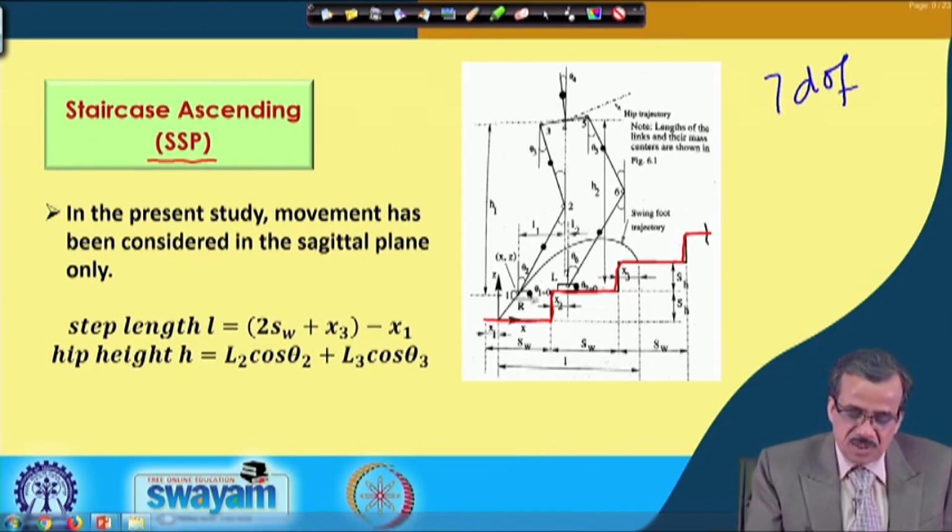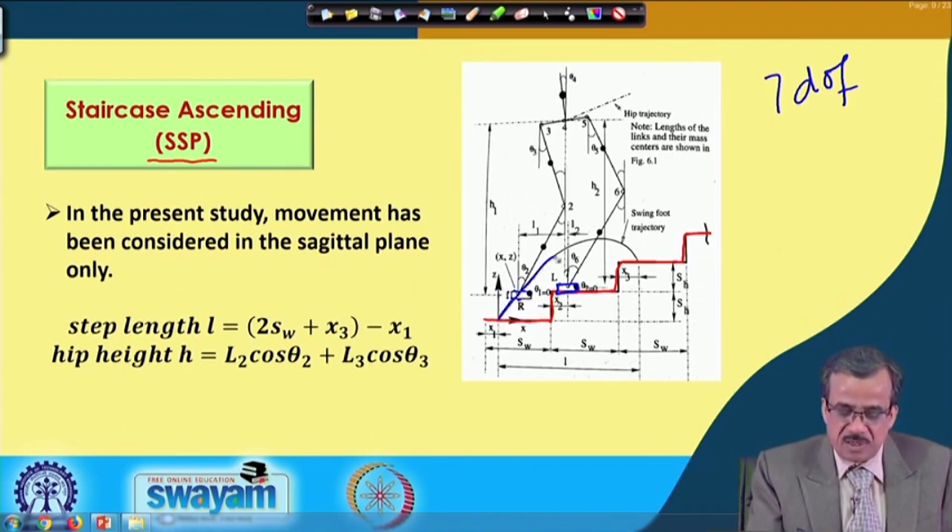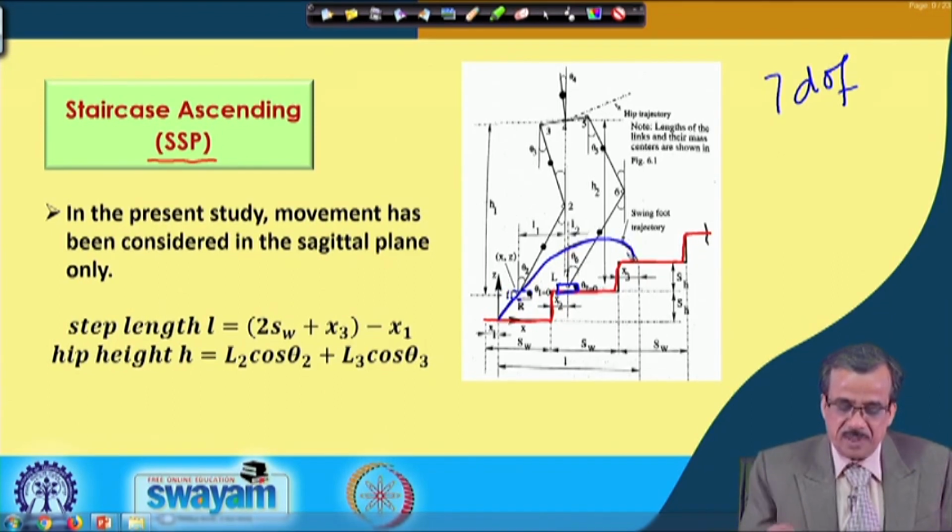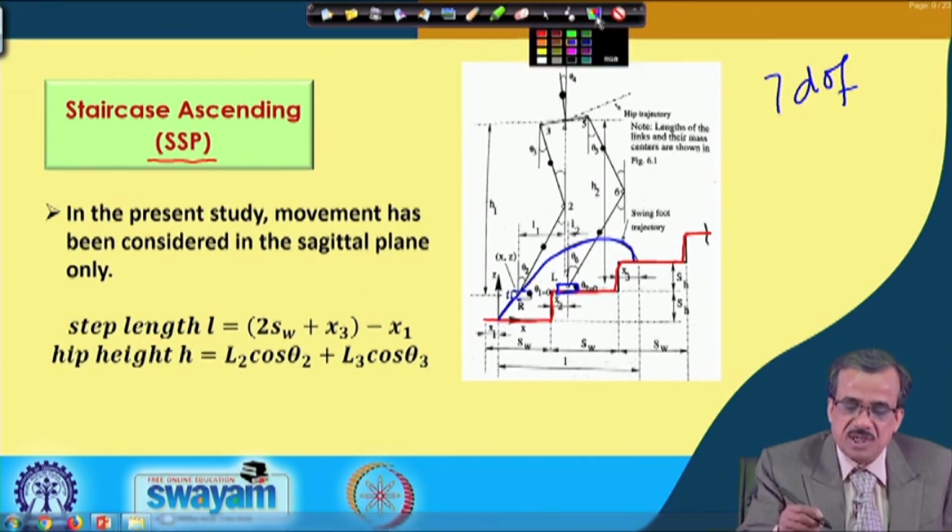This foot is on the ground and this foot is in the air, and the swing foot is going to follow this particular trajectory while negotiating the staircase.